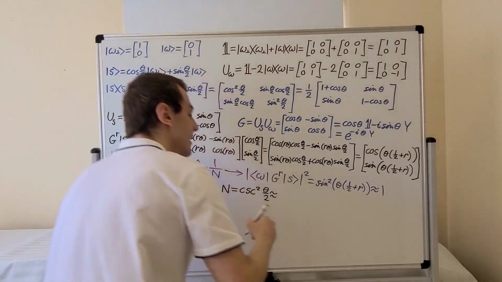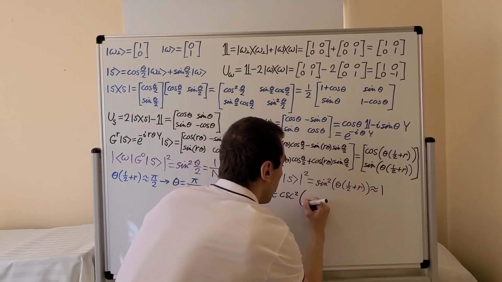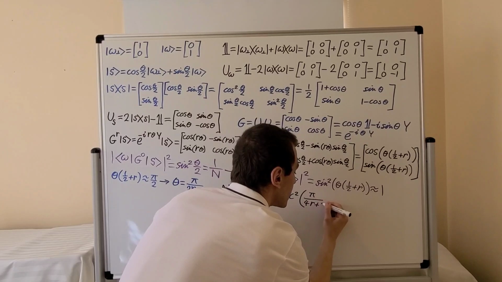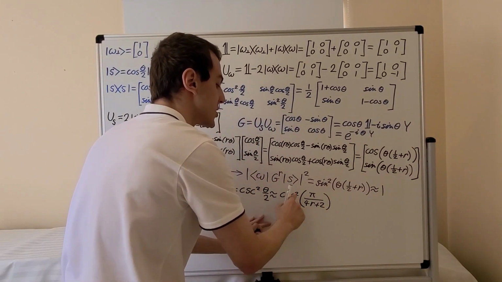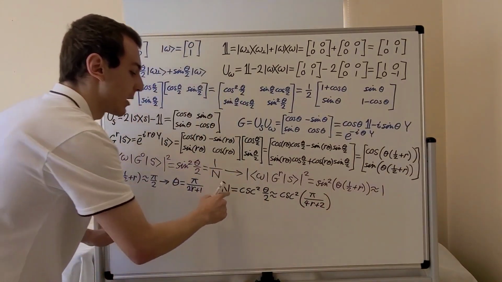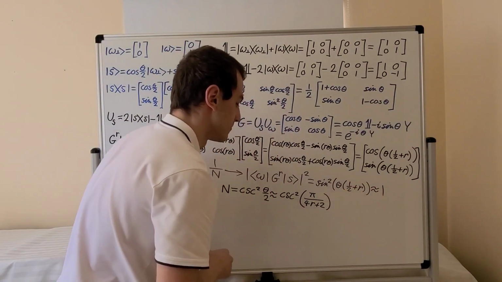If we substitute that inside, we're going to get the cosecant squared of pi over 4r plus 2. So this is the argument of this cosecant squared. And this is an approximation for the value n, which guarantees that this is approximately equal to 1.